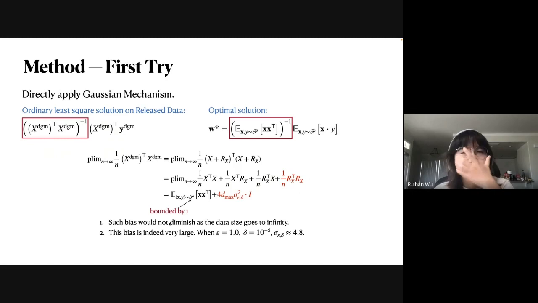However, this bias is indeed very large. When epsilon is 1.0 and delta is 10 to the minus 5, the sigma epsilon delta is about 4.8. But we know under our assumption that in the first useful term, each value is bounded by 1 in absolute value. So this bias will dominate the useful matrix that we want to keep, and we expect that it will destroy the performance.